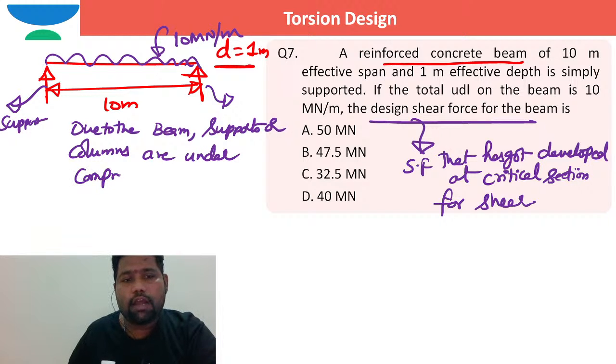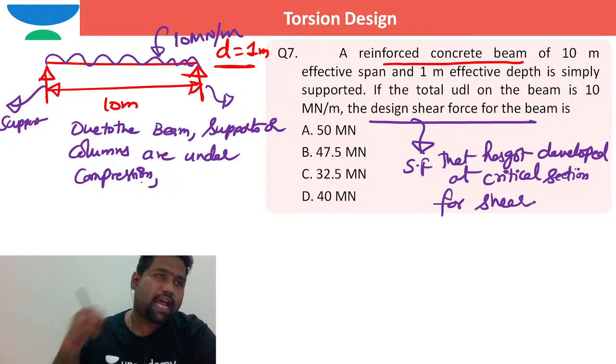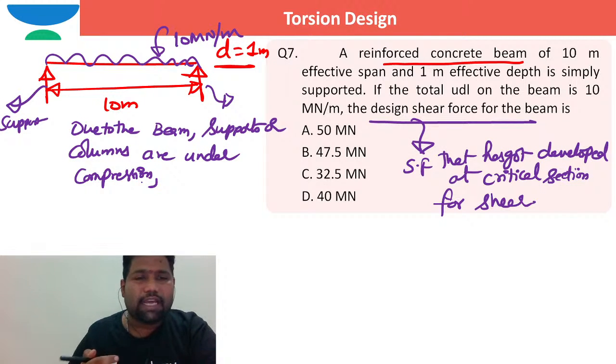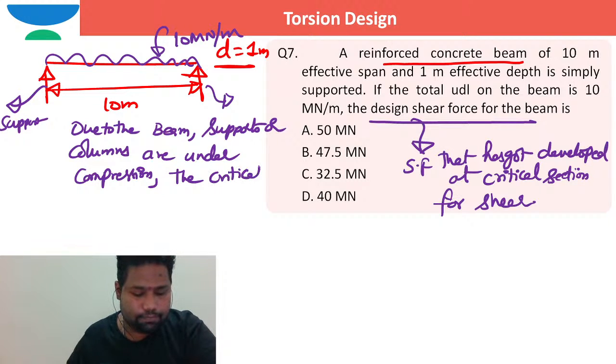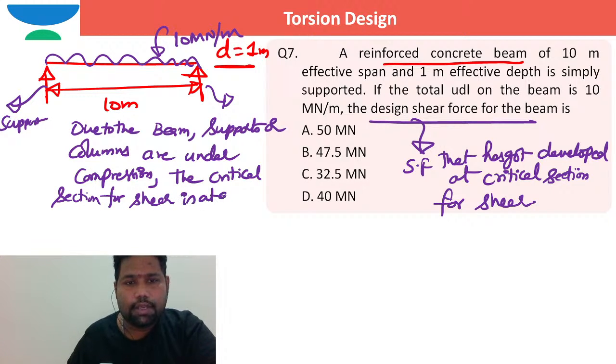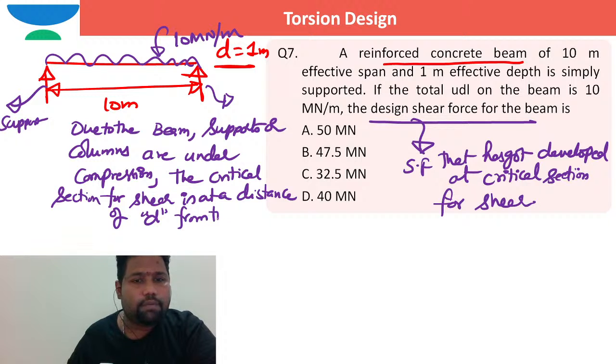When supports are under compression, what I taught you in our previous class on limit state of shear is that the critical section for shear is not exactly at the support, but at a distance of small d from the face of the column.